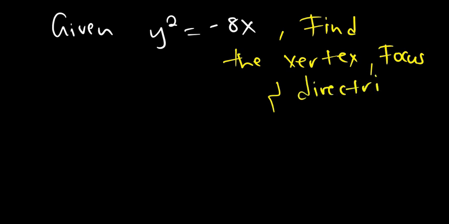So what's the directrix? Pause the video and try out this question from the basics that I've given you. So the vertex I've already explained, the focus I've already explained. The focus is a fixed point, directrix is a fixed line.